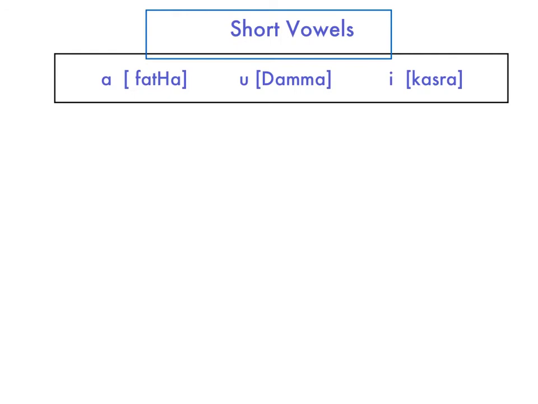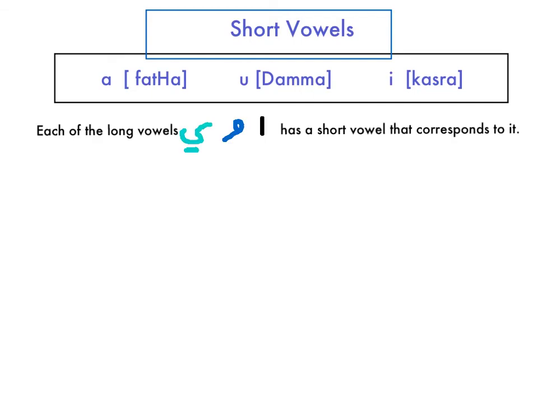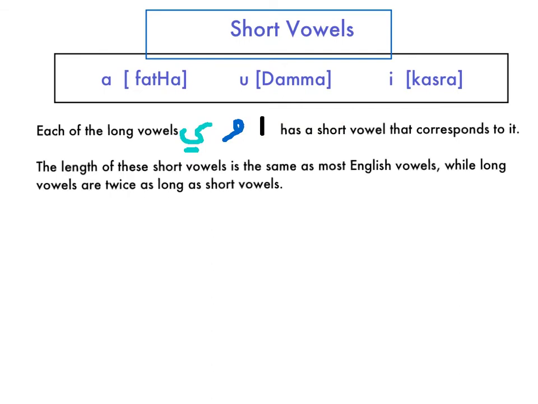If these sounds sound familiar to you, it's because each of the long vowels, alif, waw, and ya, has a short vowel that corresponds to it, meaning that the short vowels make the same sound as the long vowels that they correspond to, except they are pronounced for a shorter amount of time. The length of these short vowels is the same as most English vowels, while long vowels are twice as long as short vowels.